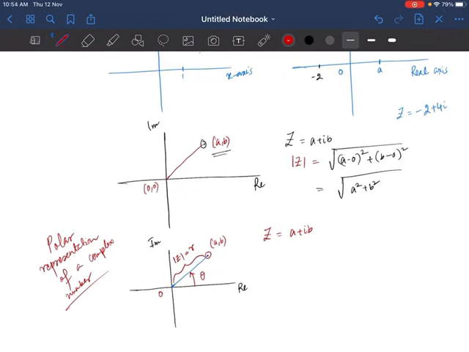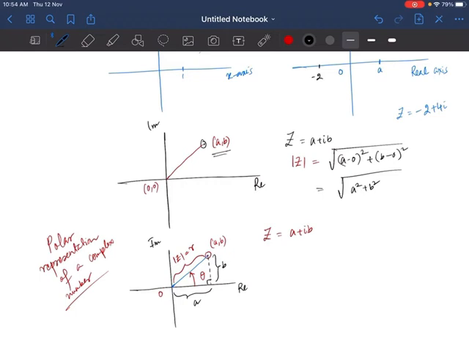Now how to represent that point (a, b) in polar representation? Listen very carefully. I will draw a perpendicular from the point (a, b) on the real axis. We already discussed that the length along the real axis is a, and this length is b.